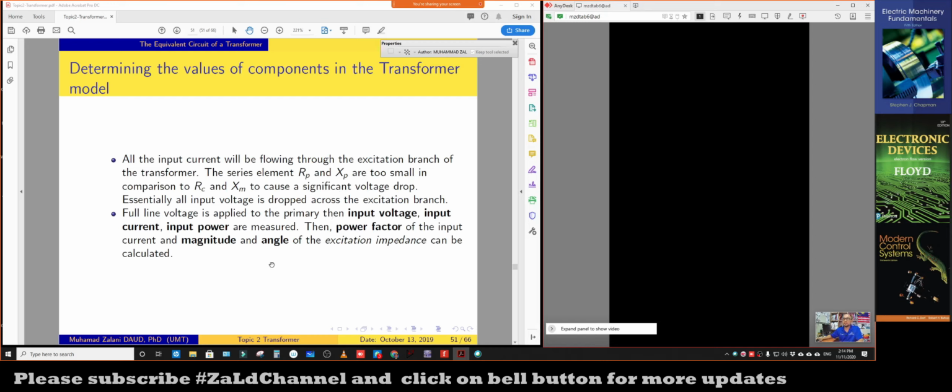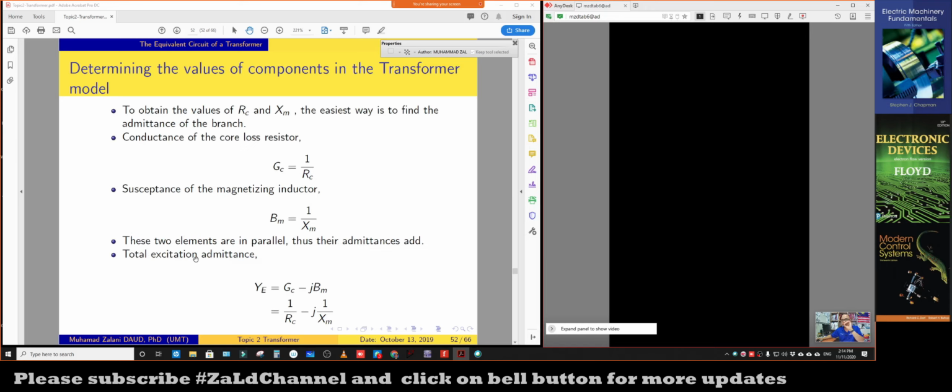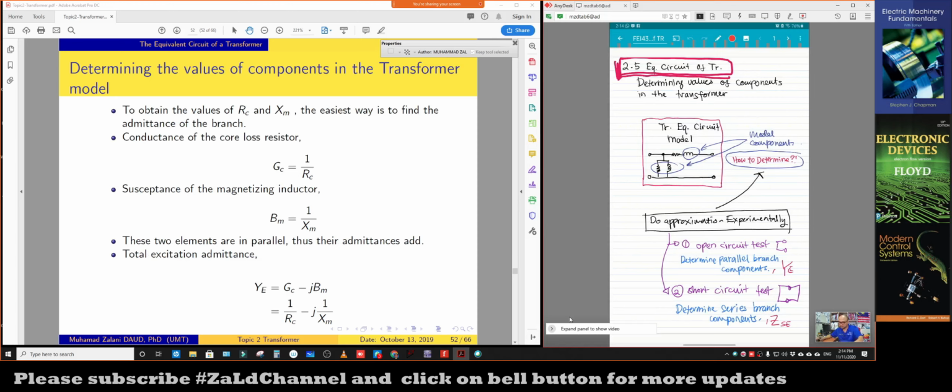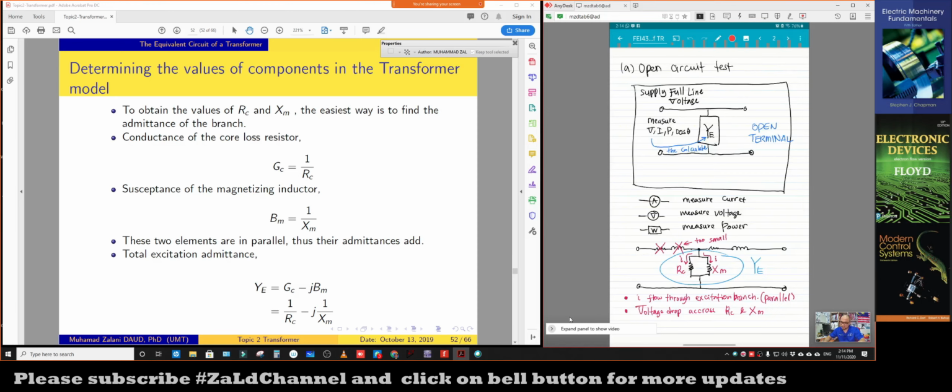Alright, so once we do that arrangement, from the experimental measurement of the open circuit test, we can measure the current, the voltage, and also the power, right?